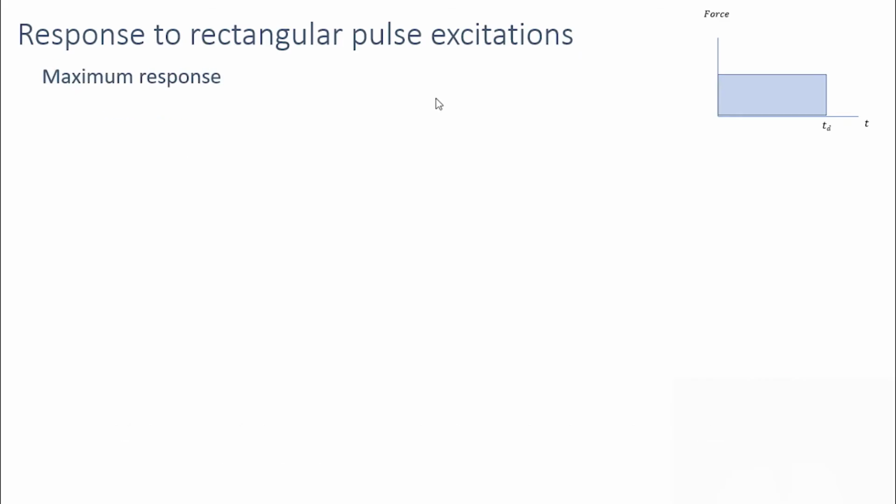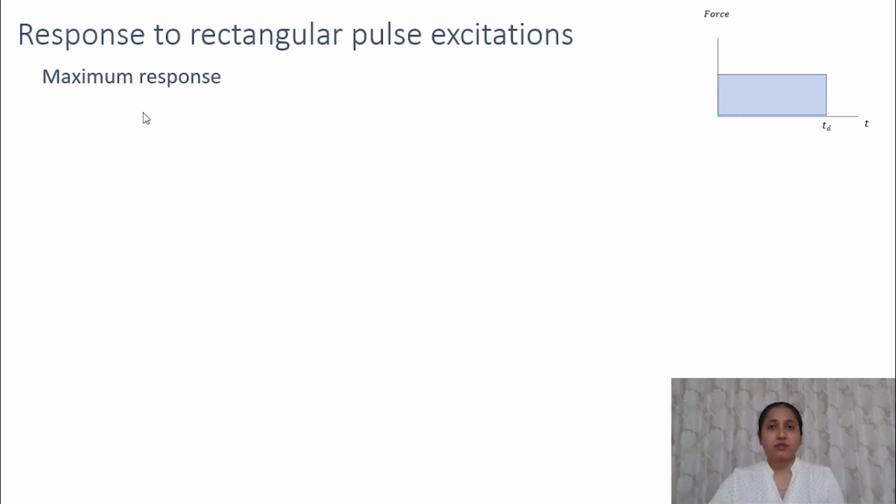vibration phase. Now let's find the maximum response during the rectangular pulse excitation. So we can calculate the deformation response factor Rd. We have calculated this earlier also. So this Rd is equal to the dynamic amplitude divided by the static deformation.